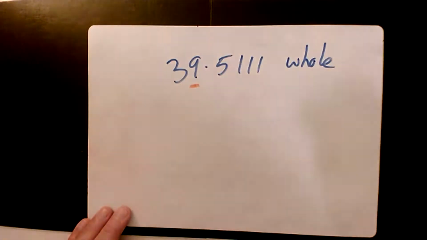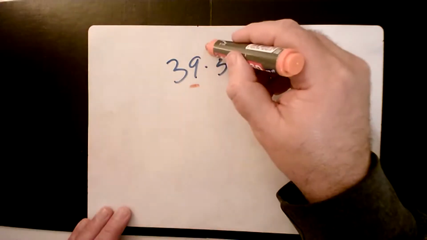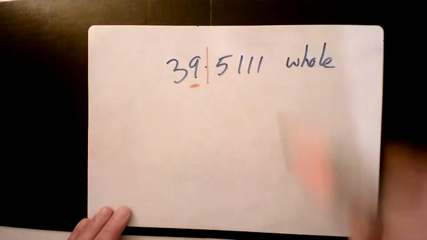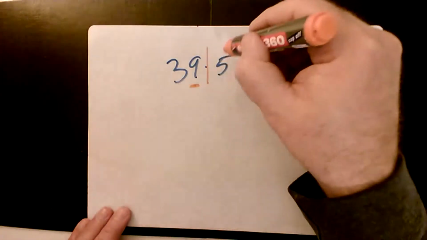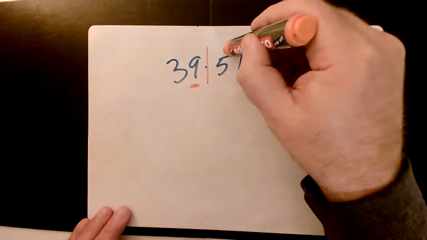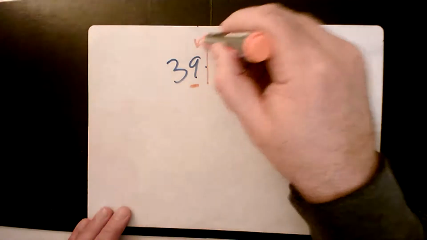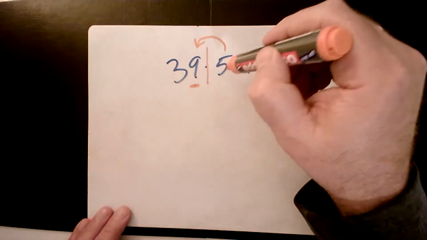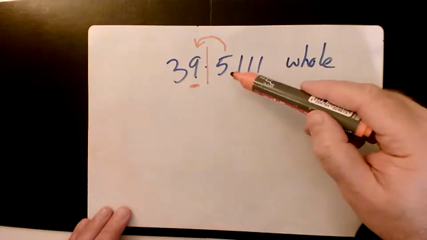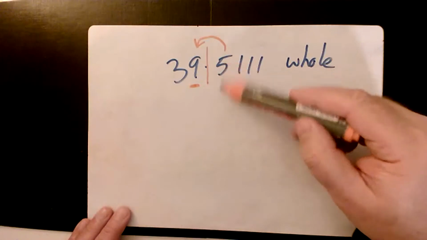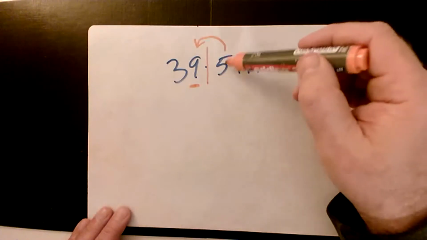So I underline my unit and I do a line after it. In this one, I do my line at the decimal point, and I just ask myself, will the 5 affect the 9? Remember the rules with rounding: if it's 5 and above, you round up. If it's 4 or below, you round down, okay?